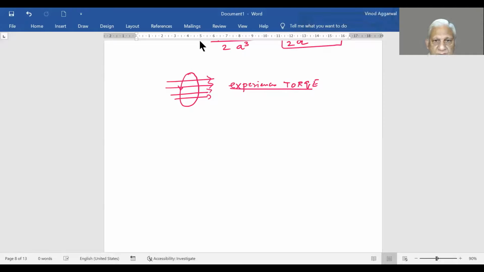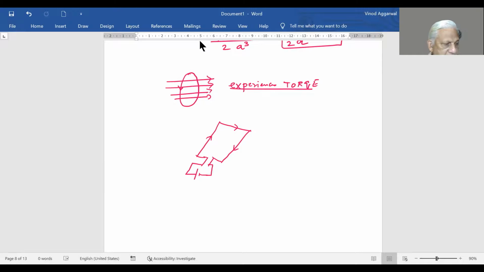Let's take a coil and attach a battery so that current can flow like this.